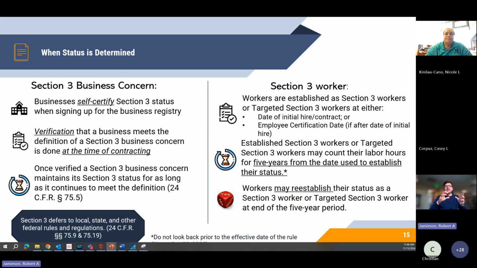But again, it's just important to note that in the qualitative reporting section. For whatever reason, if they have been making that much under Davis-Bacon for so long that we aren't getting that 25%, I think it would be a mixed bag of new workers who will eventually make more than that, and they will be Section 3 workers, and old workers who, because of their classification, have been making more than that.